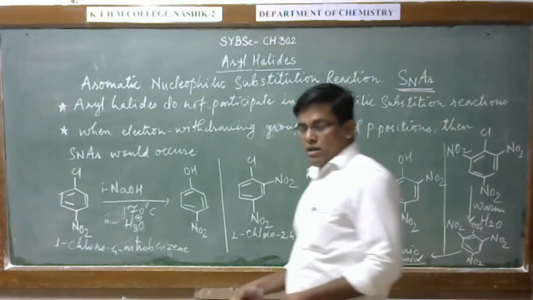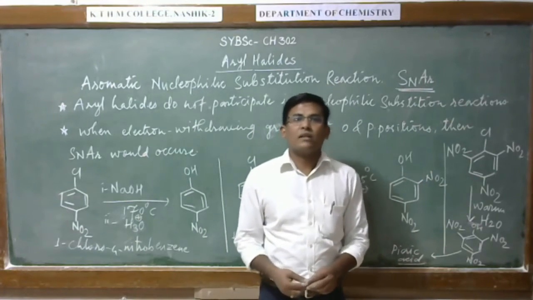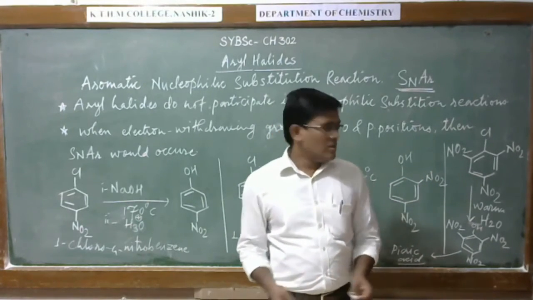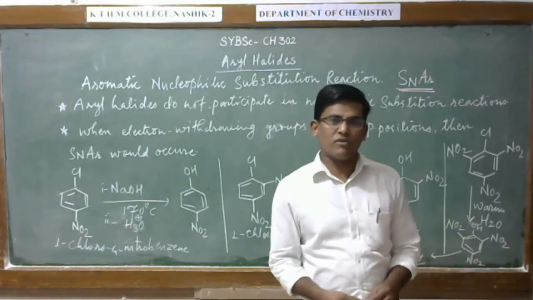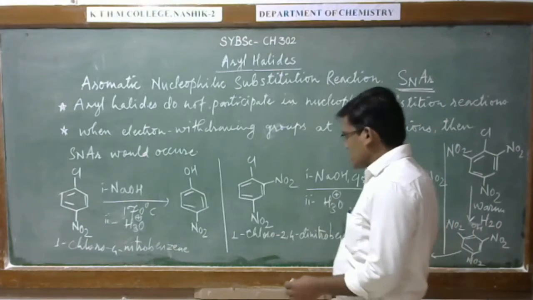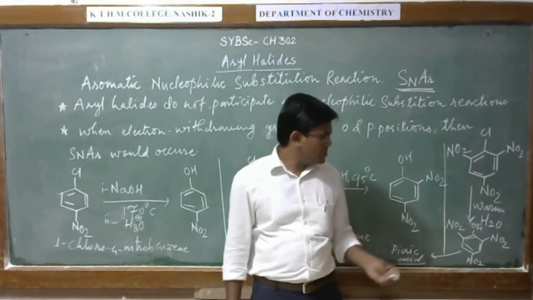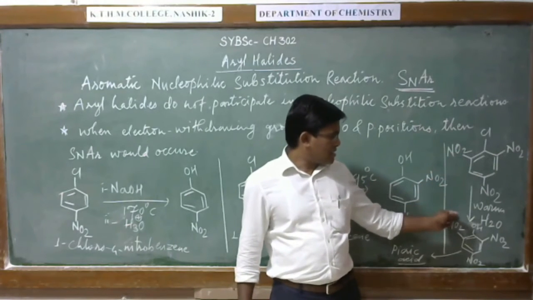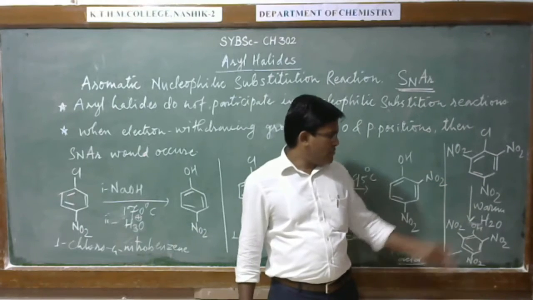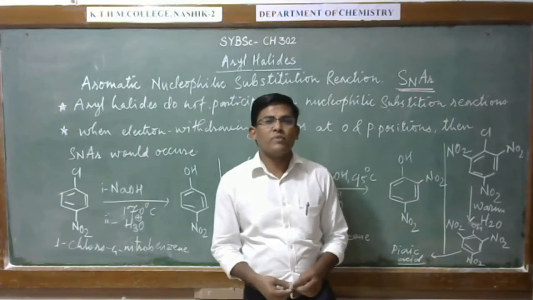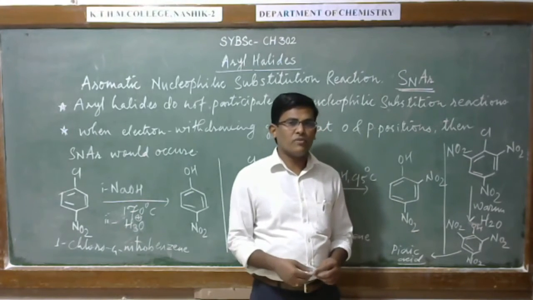Okay. And when we have 2,4,6-trinitrochlorobenzene, it just requires warm water. So three electron withdrawing groups are present in the aromatic system, and in this reaction it simply reacts with warm water and gives the corresponding phenol, 2,4,6-trinitrophenol.